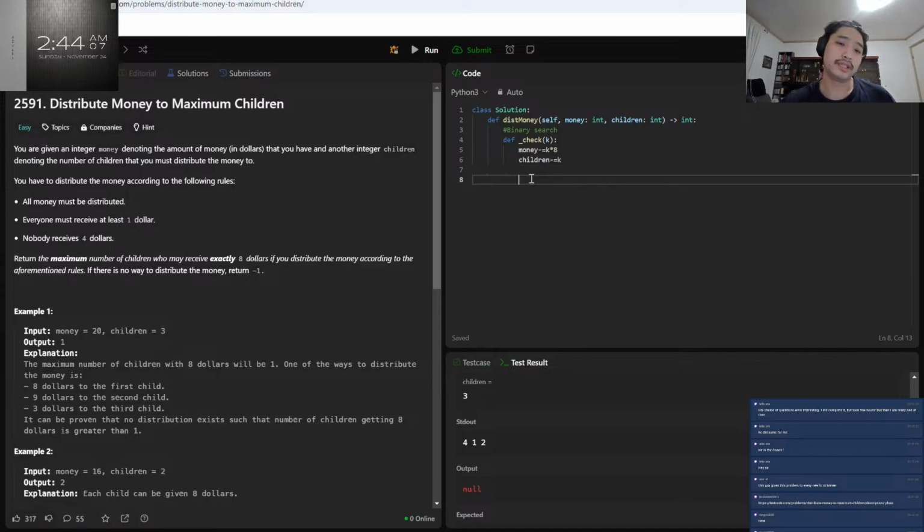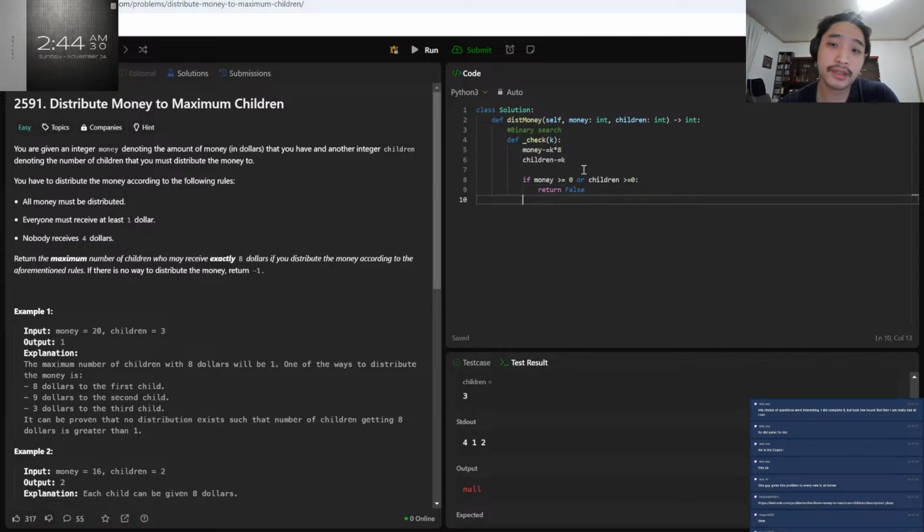An easy check is that if money is more than 0 and children is not more than 0, then we return false. Pretty simple. I can probably integrate it into something else.